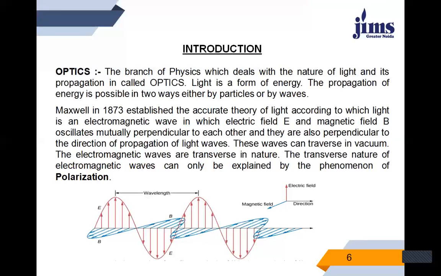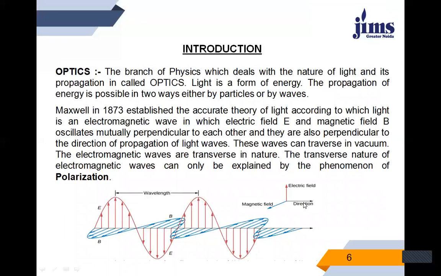Now you can see in this figure the electric field vector, represented by E, and the magnetic field vector, represented by B. Both vectors are perpendicular to each other and to the direction of propagation of light.